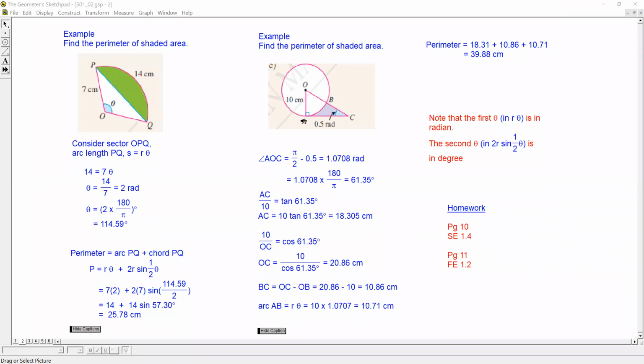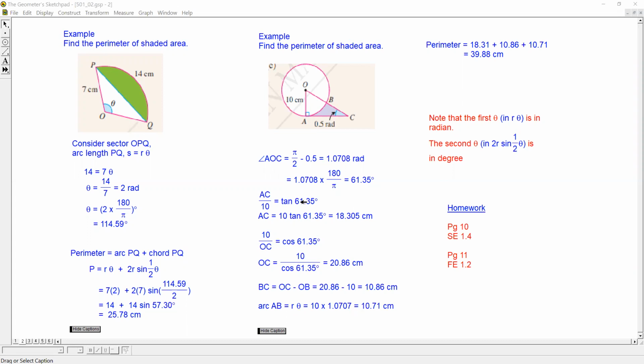This is a problem, right? So you have to find this angle here, using 90 minus theta. 90 minus theta is pi over 2 minus theta. So you have this 1.07 radian, but make sure you change it to degree. The same angle, but you have two values, one in degree, one in radian. Why?